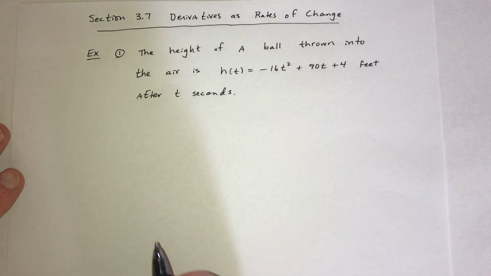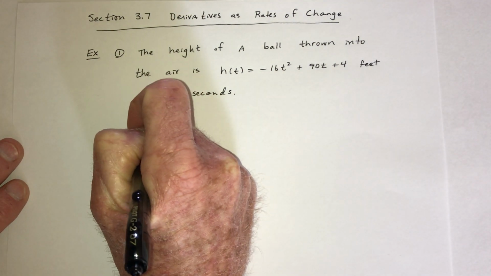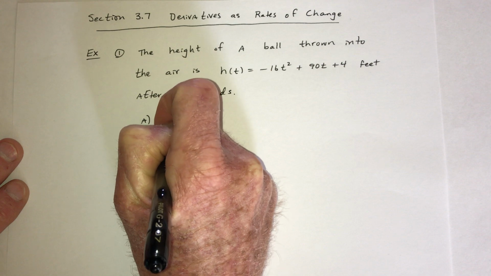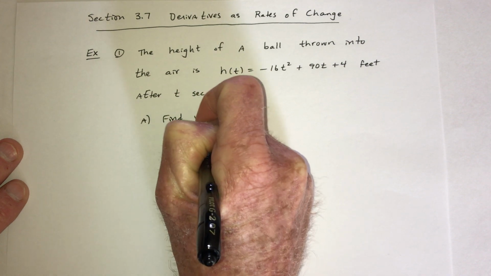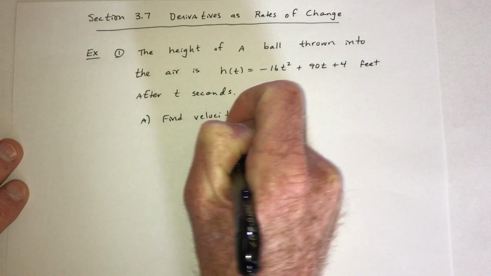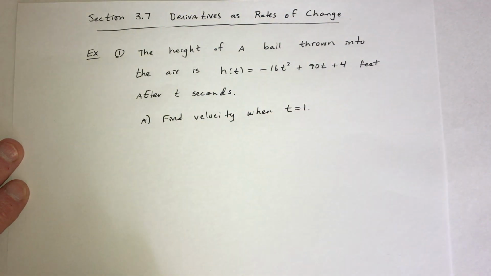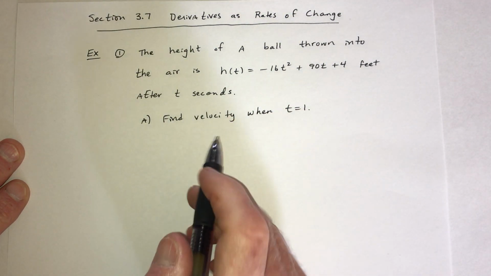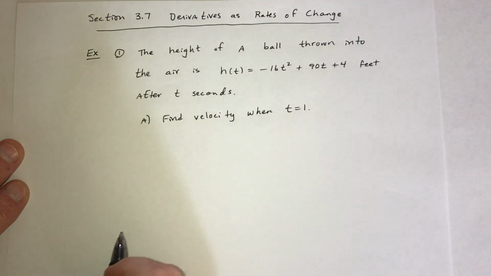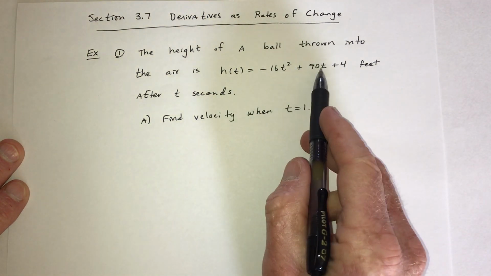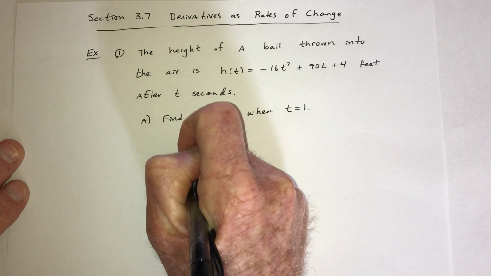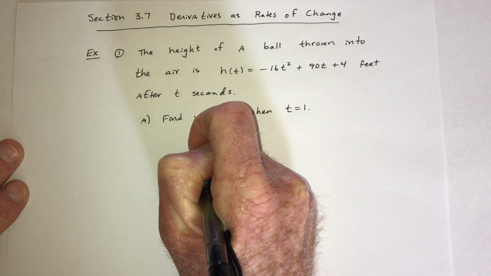Okay, then for a few questions. Part A, find the velocity when t equals 1. So velocity comes from the first derivative. So if this is in feet, then when you take the derivative, that's going to be velocity.